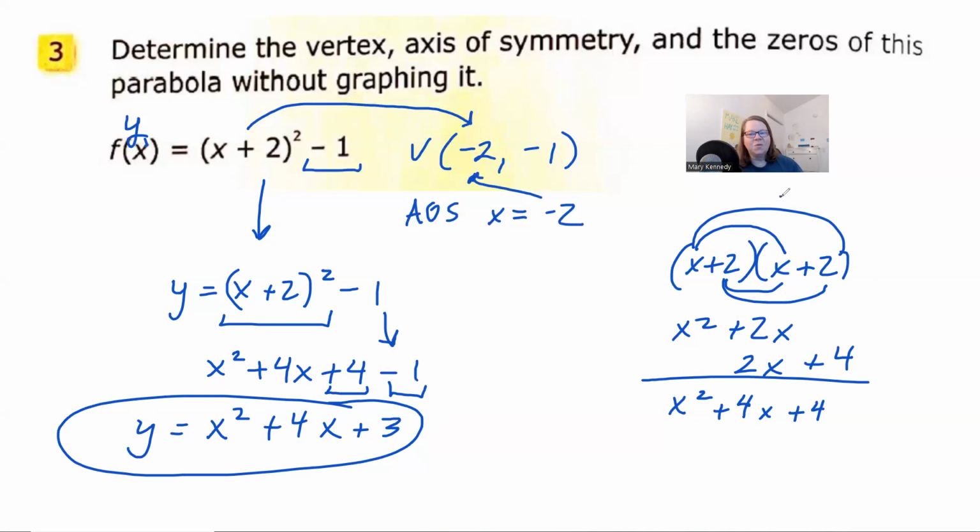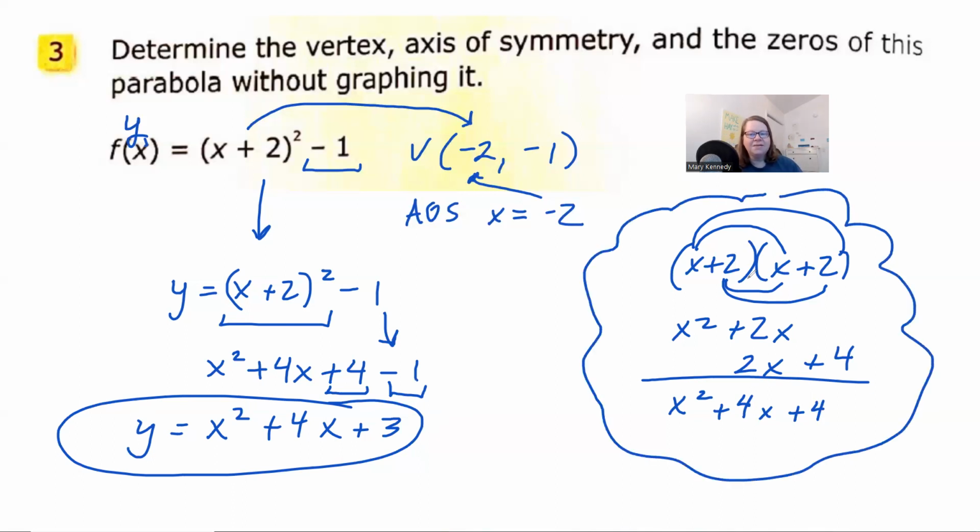I hope this is not overwhelming you. This is multiplying polynomials. If you're looking for help with that, sometimes it's called FOIL or double distribution. And, you know, this is vertex form of a quadratic. We're converting the vertex form to standard form, and now we're about to use the quadratic formula. So this is using a lot of information here.